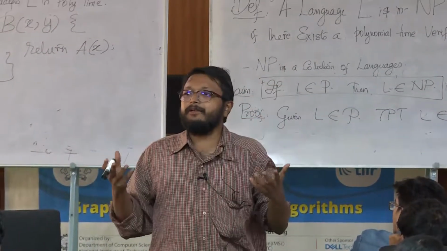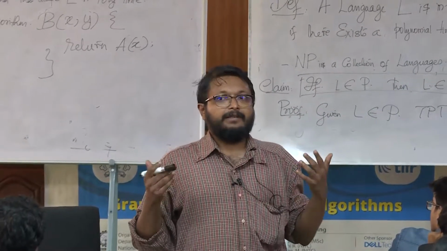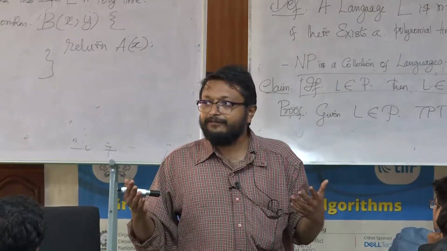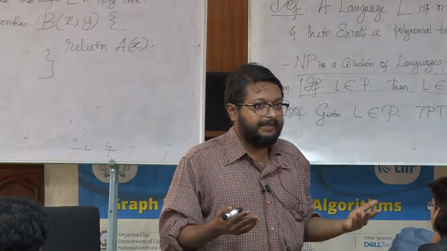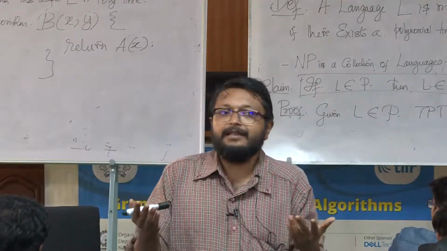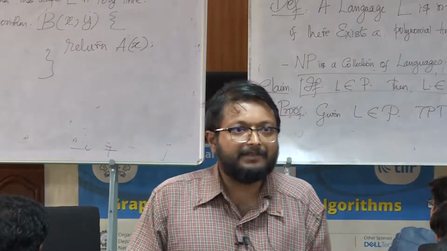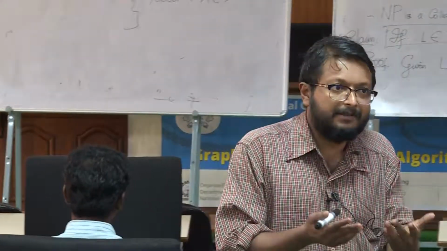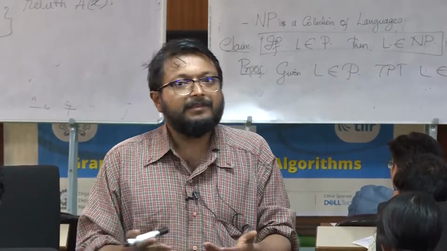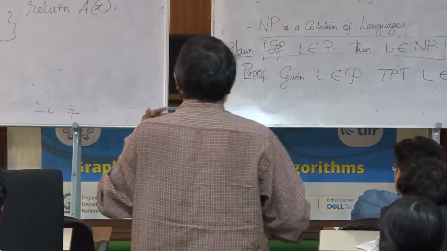What is A going to do? Check A of x is equal to 1 if x belongs to L, isn't it? A is a polynomial time algorithm for L. That means if x belongs to L, A returns 1. If x doesn't belong to L, A returns 0. Now what is this algorithm going to do?